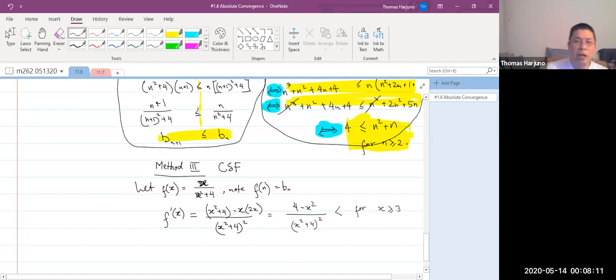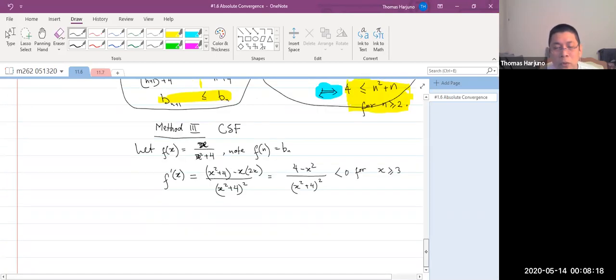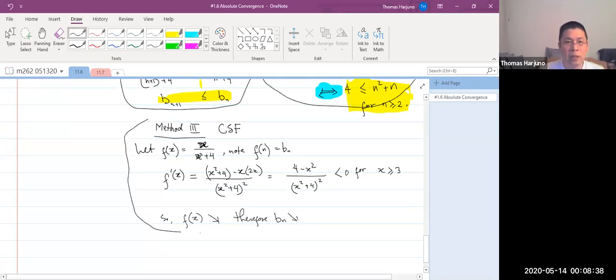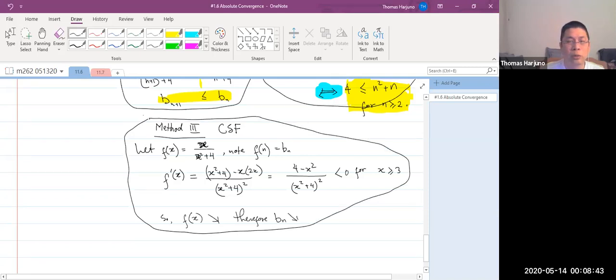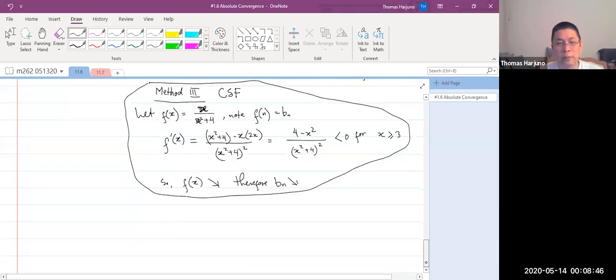I use 3, it can be any number, just make sure that from 3 and on, it's negative. So f(x) is decreasing, therefore the positive term Bn is also decreasing. So implicitly, I reinforce again how to show a sequence is decreasing.